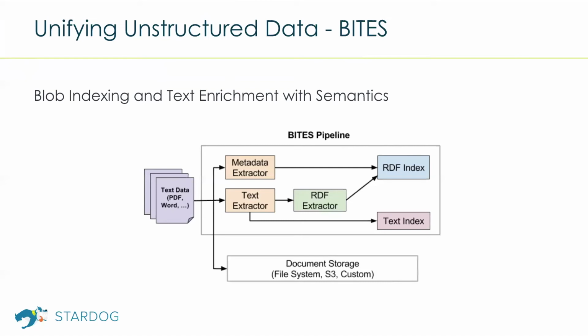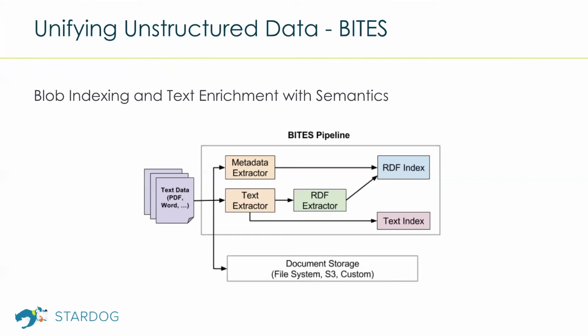The most basic thing that Bytes will do is take that document itself and store it in the file system of the Stardog server. It's either the local file system that the server's running on, or even something like Amazon S3, or wherever you feel like storing those documents. It'll store a copy of that document.